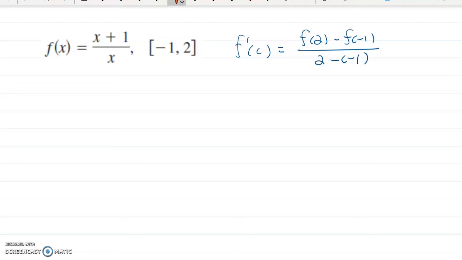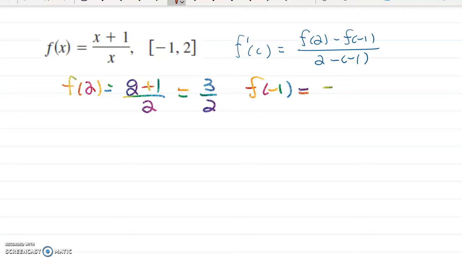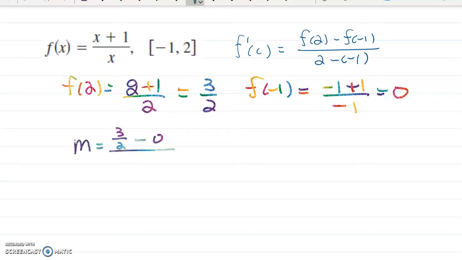So f(2) equals 2 plus 1 over 2, therefore 3 over 2. Now f(negative 1) becomes negative 1 plus 1 over negative 1, so it becomes 0. Okay, so the secant line slope m becomes (3 over 2 minus 0) over (2 minus negative 1), which means 3 over 2 over 3.